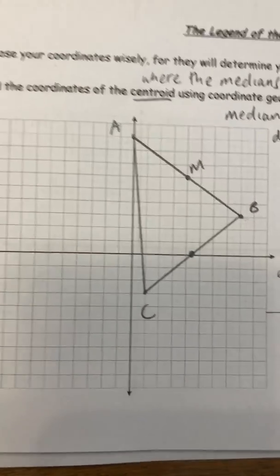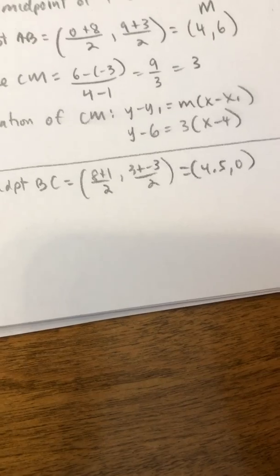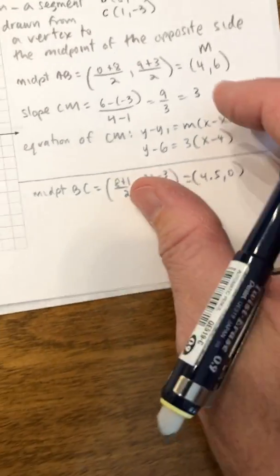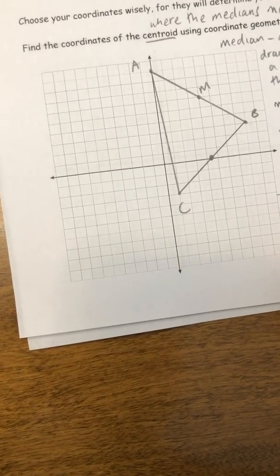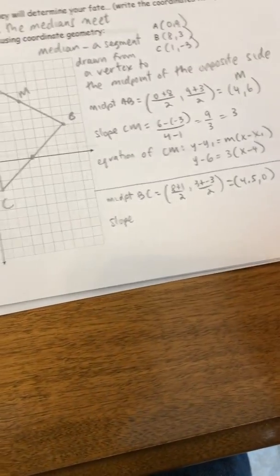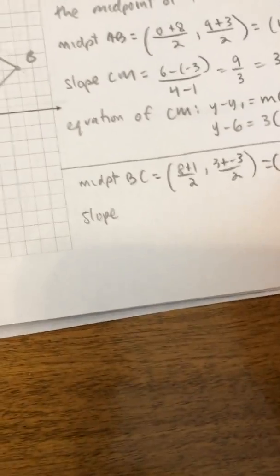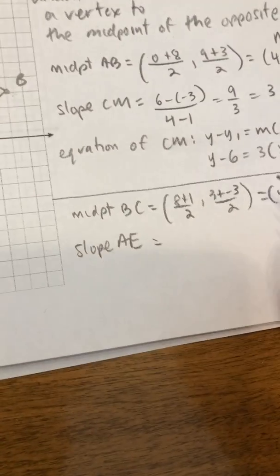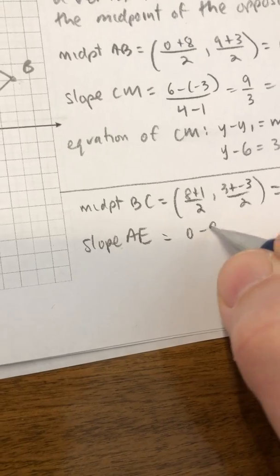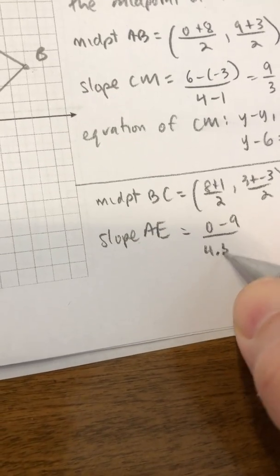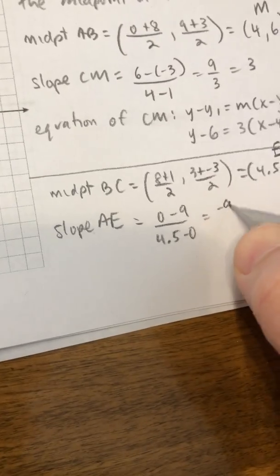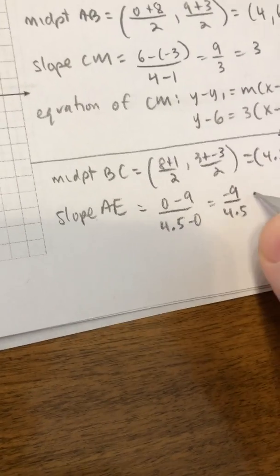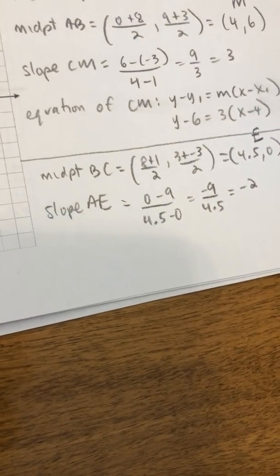And I'm going to find the equation of that line. First, I need the slope of, excuse me, not the slope of BC, the slope of A to the midpoint of BC, which I called E. So the slope of AE, y2 minus y1 over x2 minus x1, 0 minus 9 over 4.5 minus 0 is negative 9 over 4.5, which is negative 2.